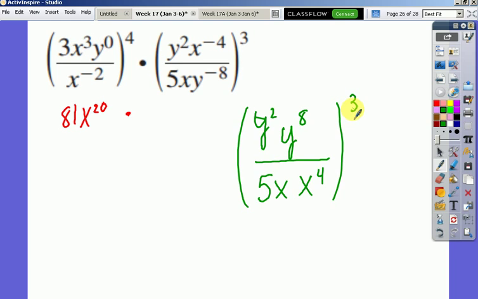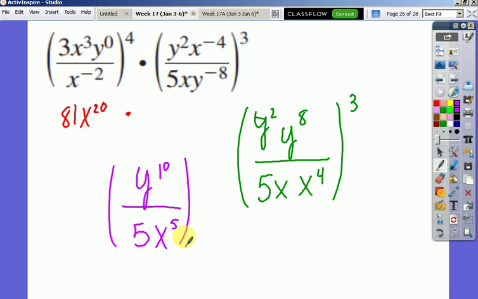What can I combine? The x's and y's, okay? Y squared times y to the 8th is what? Y to the 10th. Y to the 10th over 5 x to the 5th.